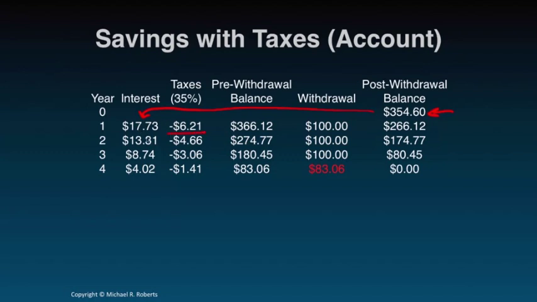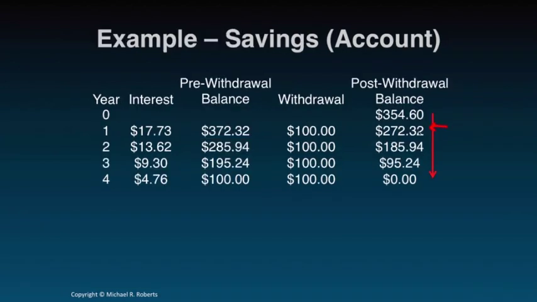That's going to reduce our pre-withdrawal balance, okay, to $366.12. Then we pull out $100, and then we're left with $266.12 at the end of the first year. Okay. Which, by the way, the $266.12 is less than the $272.32 because of the taxes.